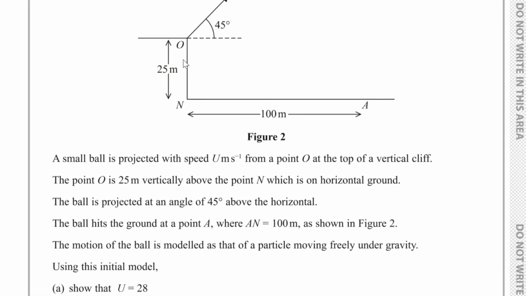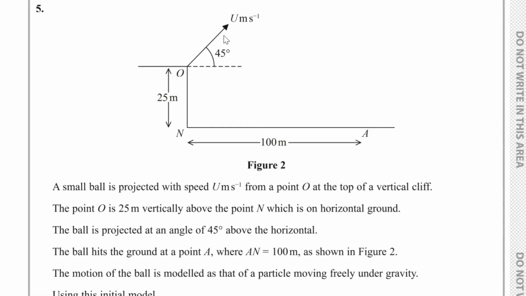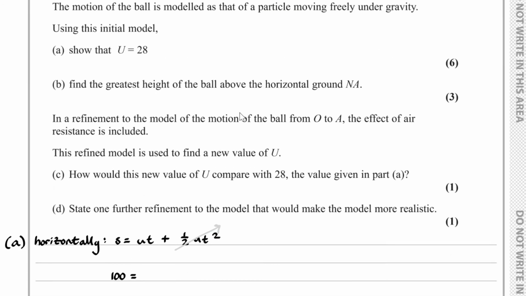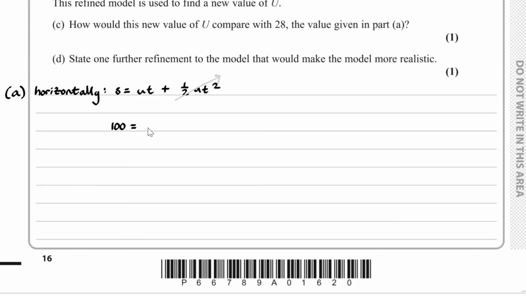Now the component of u horizontally, that's u cos 45. So we have 100 equals u cos 45 times t, from which we can rearrange. Well, cos 45, that's root 2 over 2, so we can conclude t is equal to 100 over u cos 45.